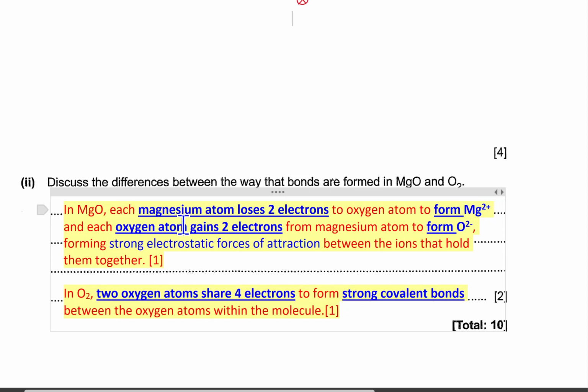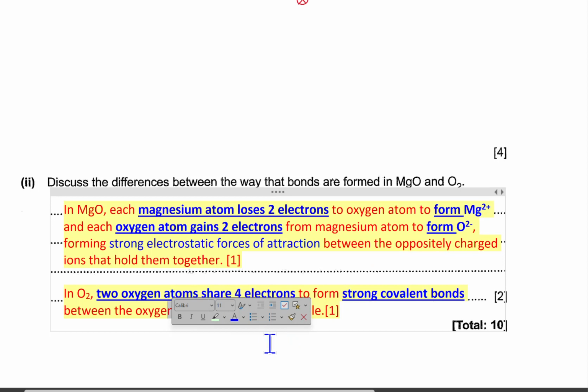And each oxygen gains 2 electrons from magnesium to form O2-, forming the strong electrostatic force of attraction between the oppositely charged ions. Okay, they are oppositely charged ions that hold them together, and therefore this is how the bond is formed. So we first talk about the electron transfer, forming oppositely charged ions, and then the attraction between oppositely charged ions is called electrostatic force, and this is the bond that is formed between magnesium and oxide.